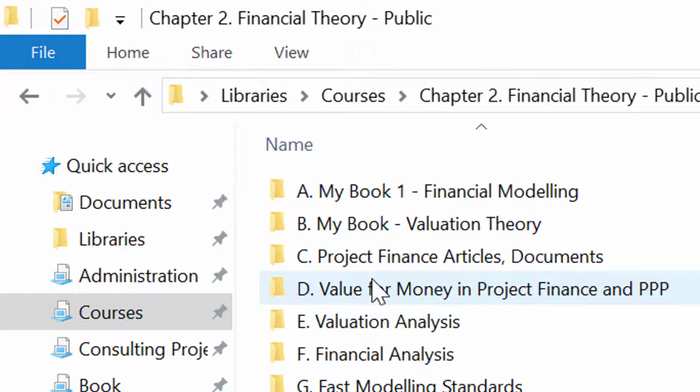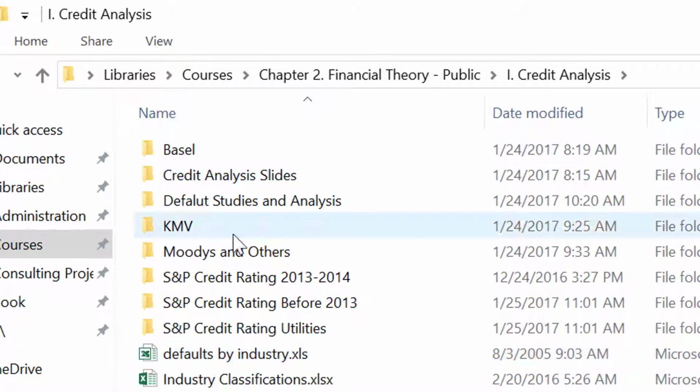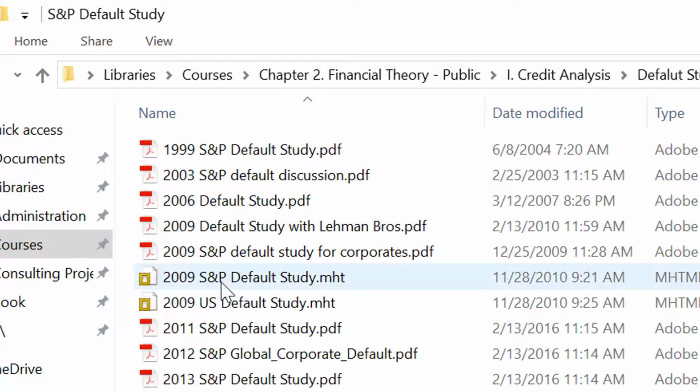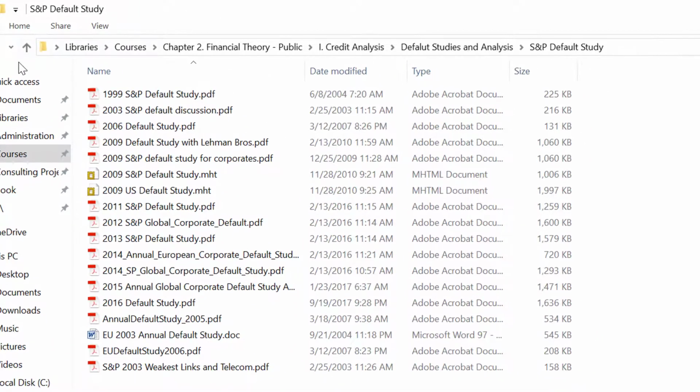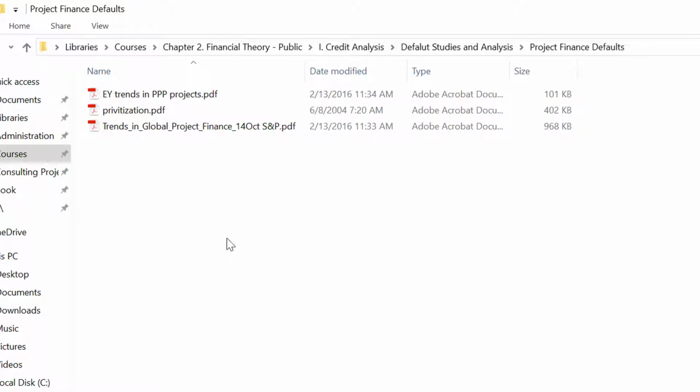In chapter 2, I have all this stuff on credit analysis. And in the credit analysis, I collect all this S&P and Moody's discussion of how they do it. And I compute these default studies. And I have S&P default studies. And these are kind of the normal ones where they go through all the crap that they do. I'm sorry, but that Lehman Brothers example, where they computed that as one event.